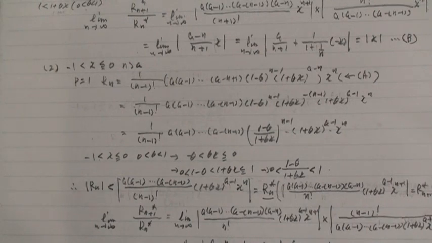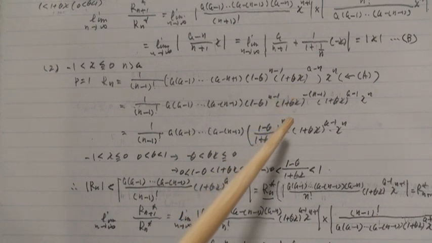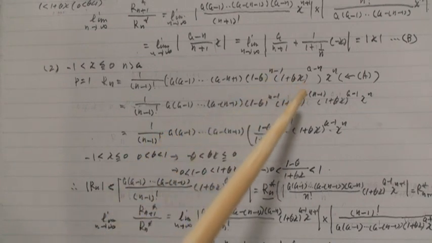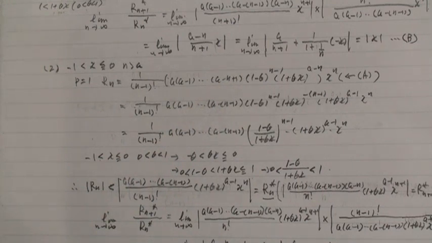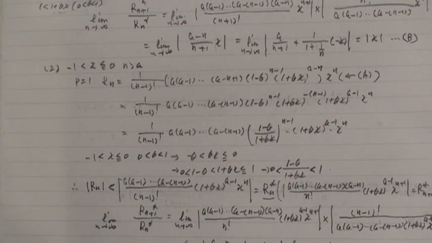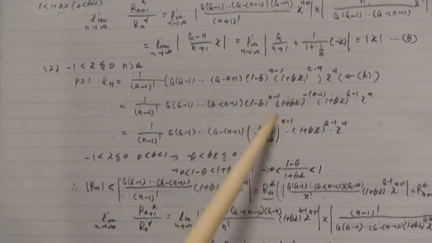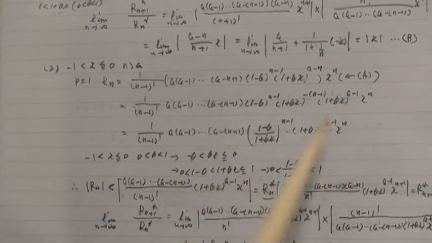And (1 + θx)^(a-n) equals (1 + θx)^(a-n-1+1), and this is (1 - θ)/(1 + θx) to the n-1.